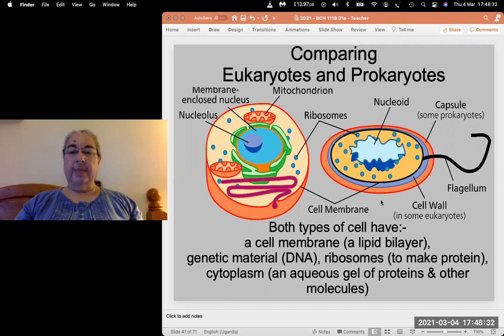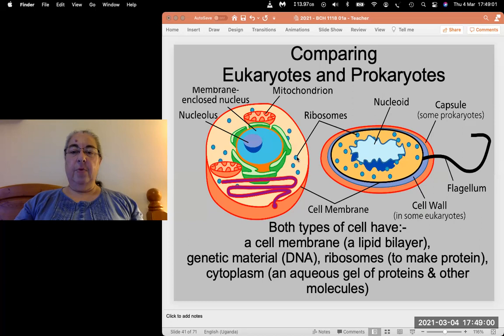Both have genetic material, which is DNA, which carries the instructions to make everything else in the cell. So the nucleoid here in the prokaryote is the DNA, and inside the nucleus in the eukaryote is DNA. Both have ribosomes, which are the structures within the cell that make proteins.